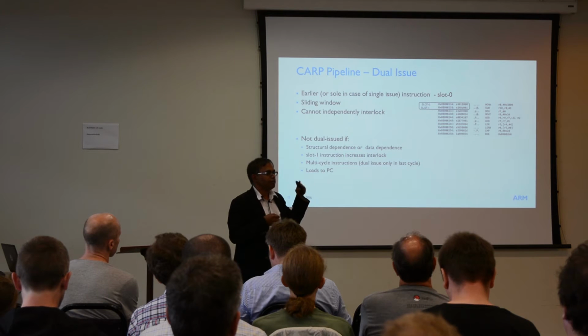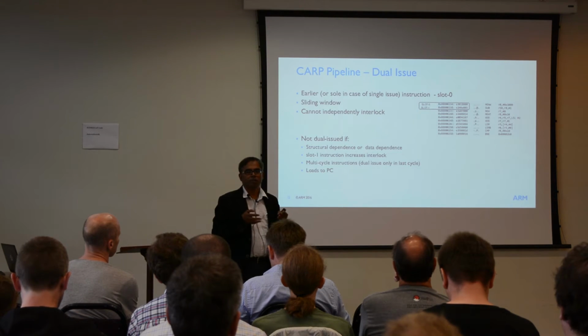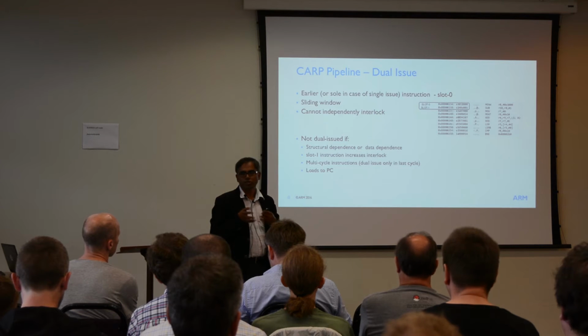Can I issue the next subsequent instruction at the same time? Well, the first thing is to see whether these 2 instructions are dependent on each other. If they are dependent and you can do some forwarding, that's also great, you can dual issue. Or if you don't have enough resources, for example, you have 2 load instructions and just 1 load-store unit, you can't dual issue, right?